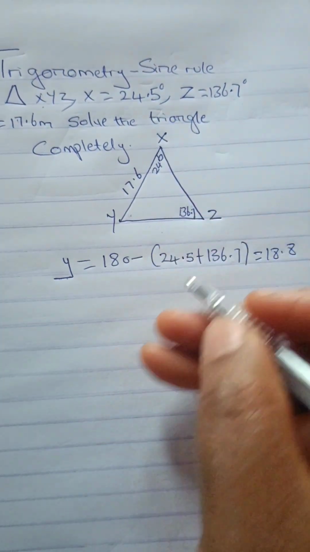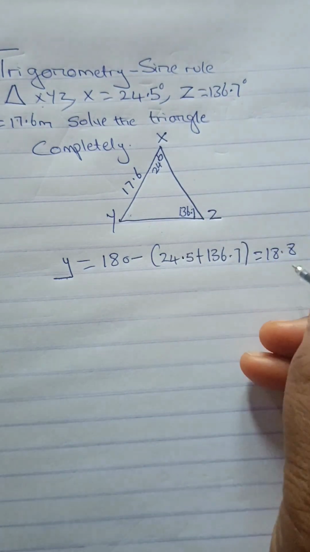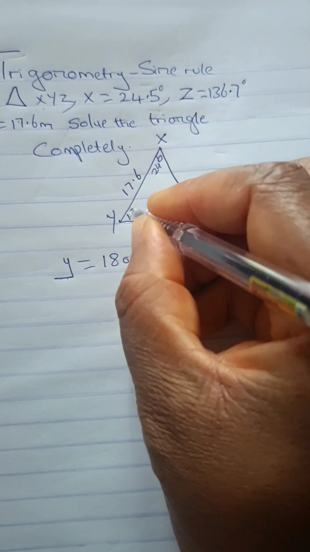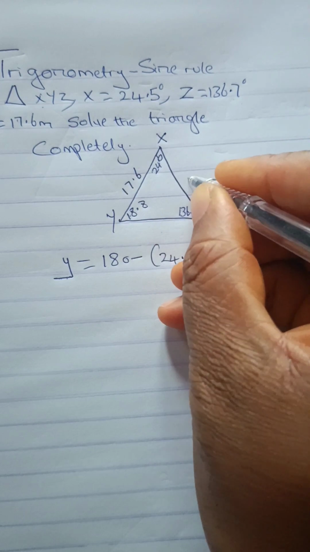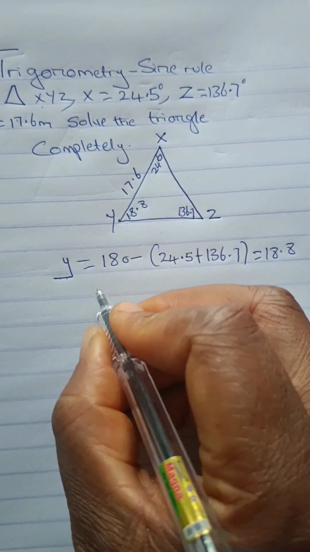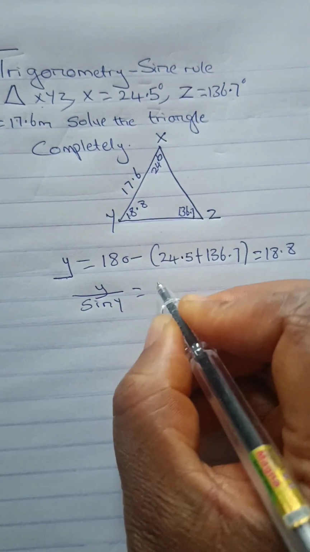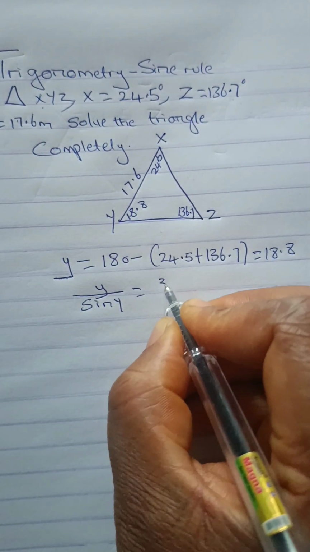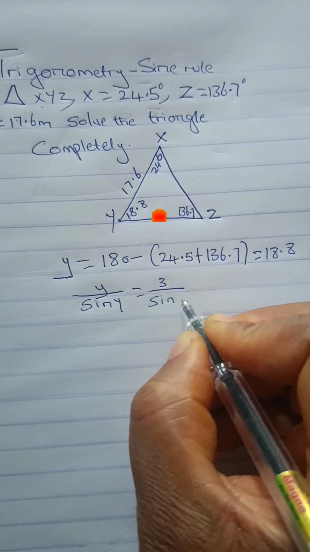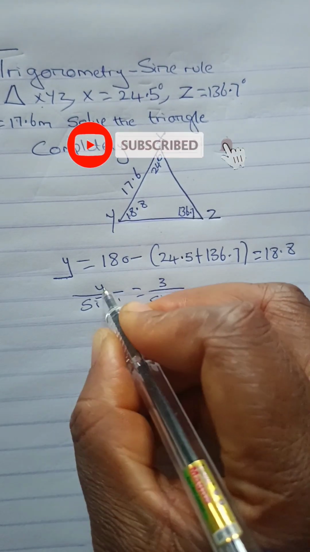So let's solve for the small y, which is this side. So this 18.8, let's just fix it in 18.8. So let's solve for the small y, which will be y over sine y equal to z over sine z. And what's that small y?